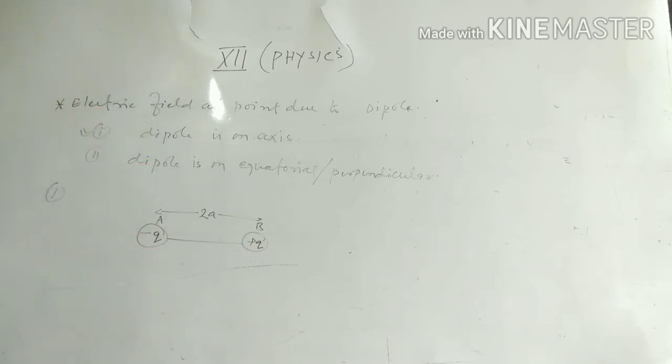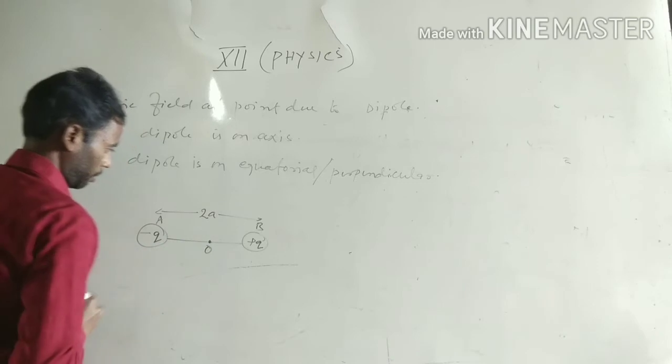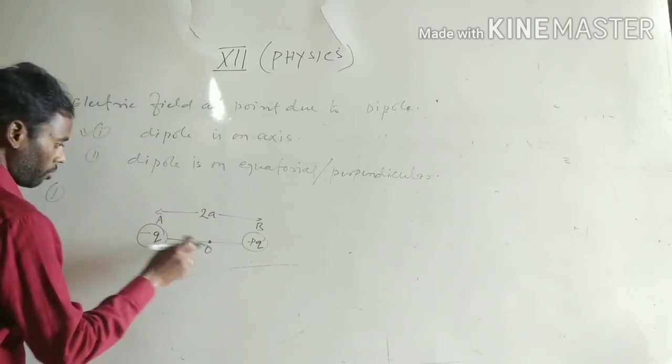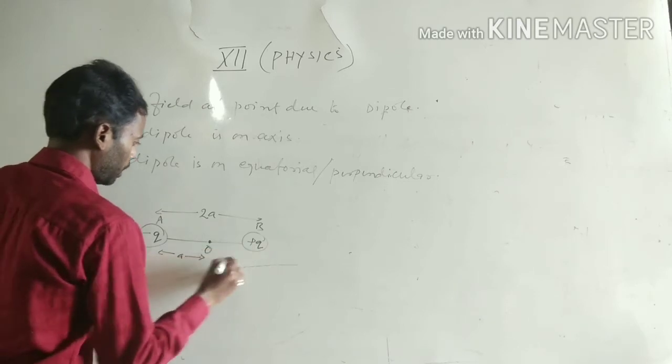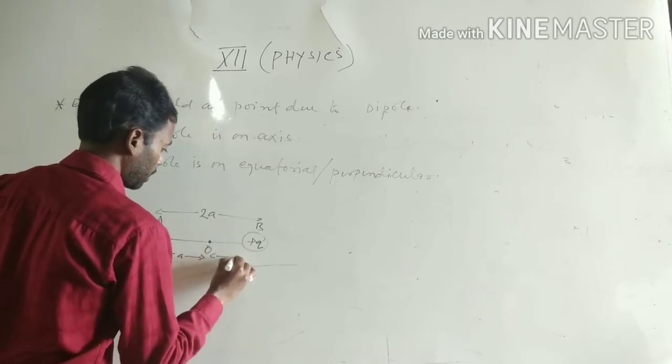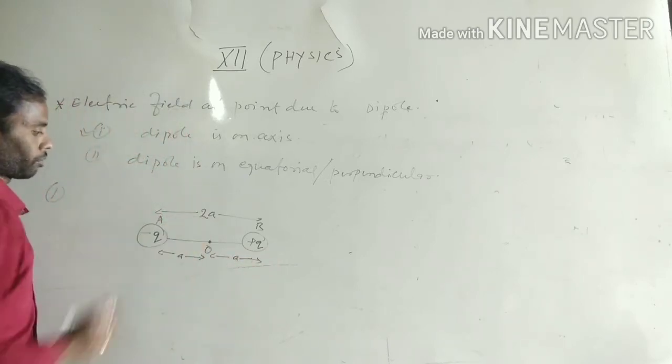This is the electric dipole. Suppose we consider here is the origin O. From O to A is the distance a. From O to B is also the distance a. That means a plus a, 2a.